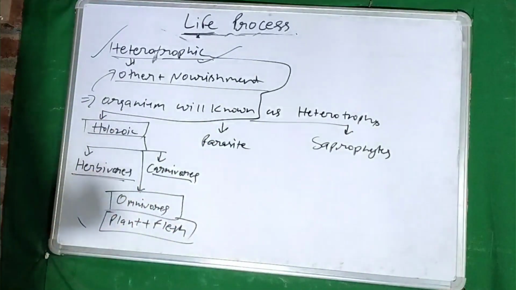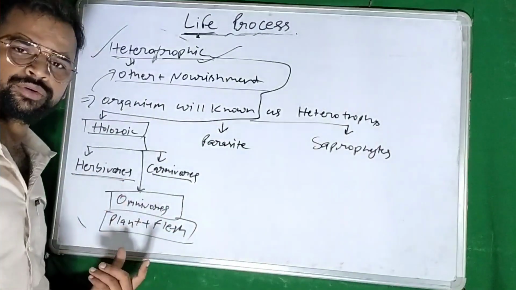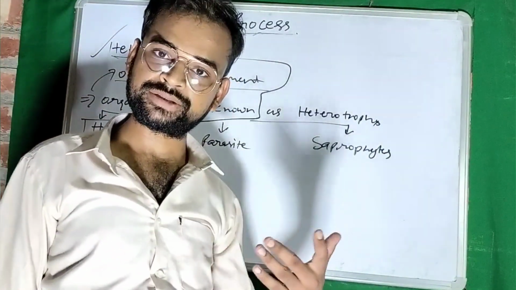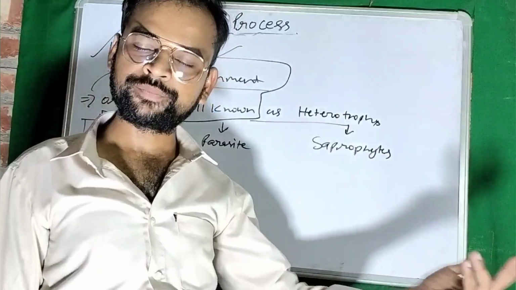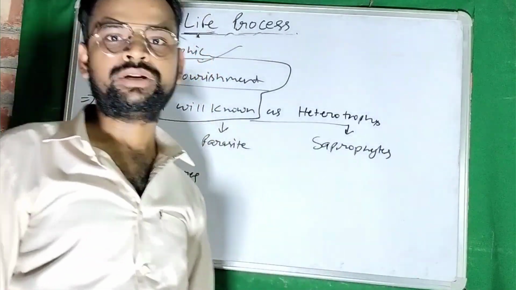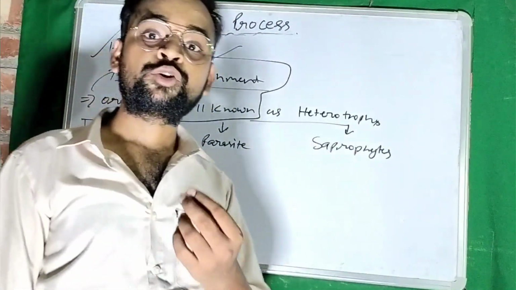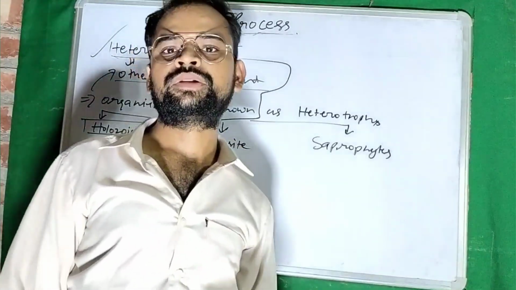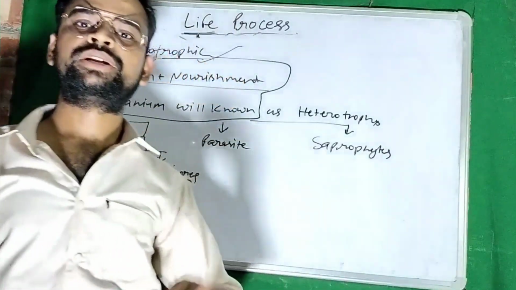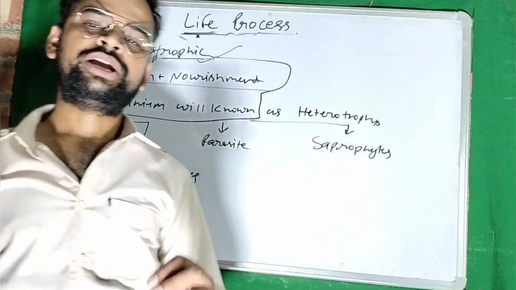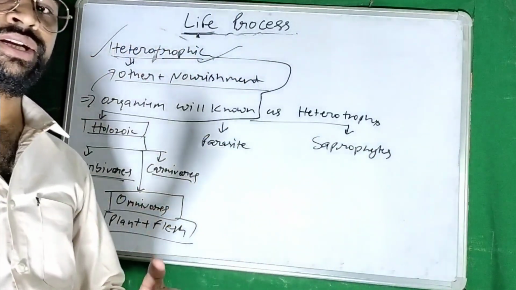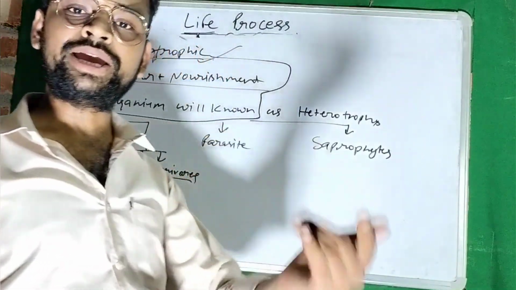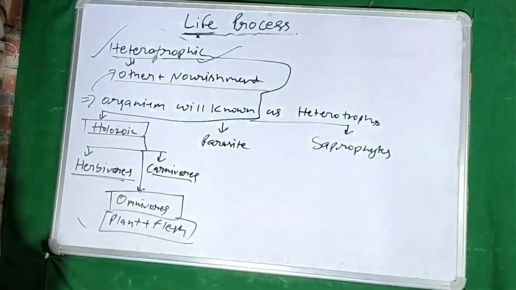What are examples of omnivores? The best example is human beings, because we eat both flesh and plant products. Another example is the crow. A crow can eat insects, it can also eat grain, and dogs and cats are also examples of omnivores.